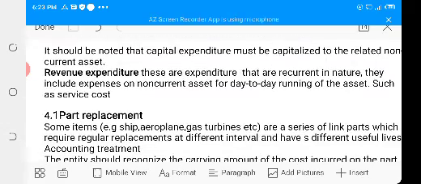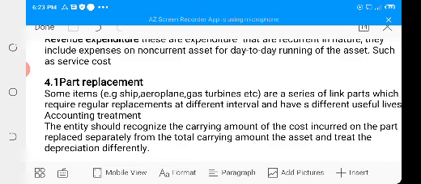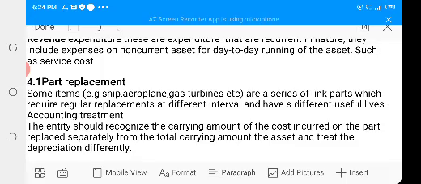So what is revenue expenditure? We say revenue expenditure is expenditure incurred day to day on the non-current assets, such as servicing costs. So let's look at part replacement. Yes, the standard also talks about parts replacement.